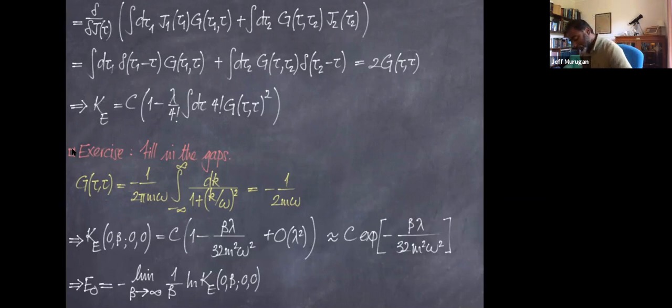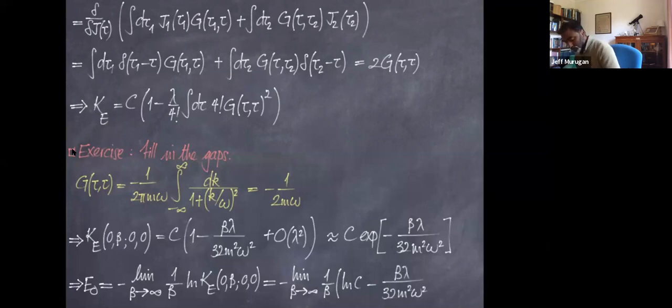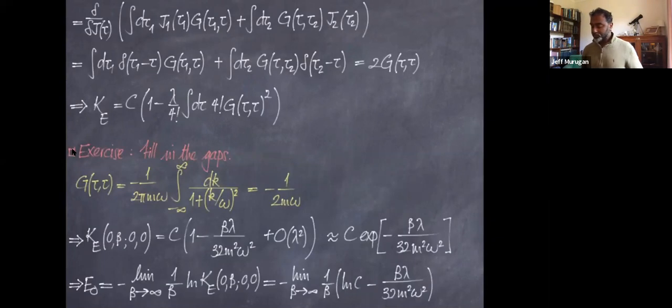Okay, so that's minus the limit as β goes to infinity of 1 over β log of c times e^{-βλ/32m²ω²}, like such. Let's go back here.